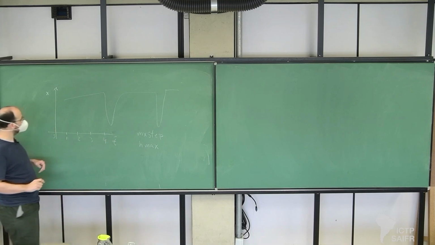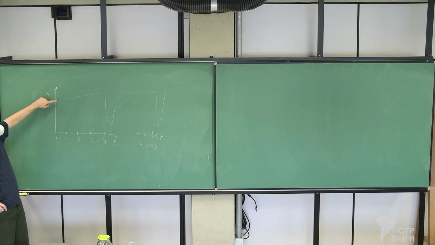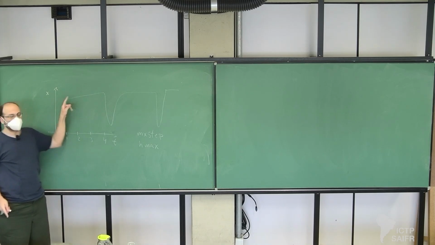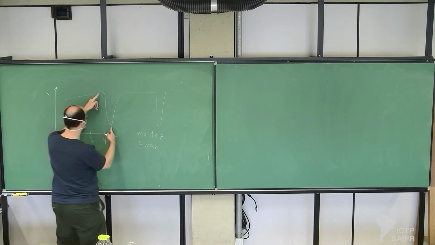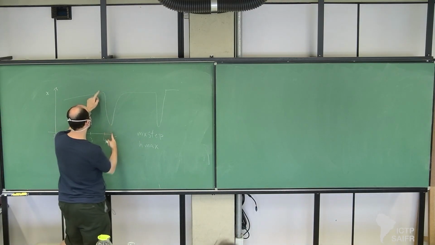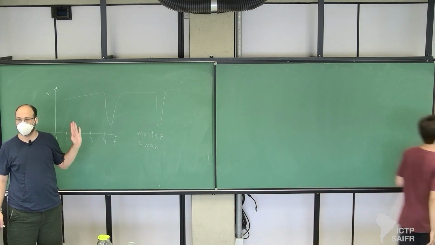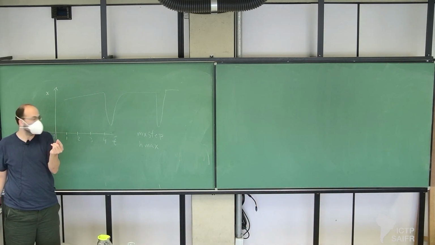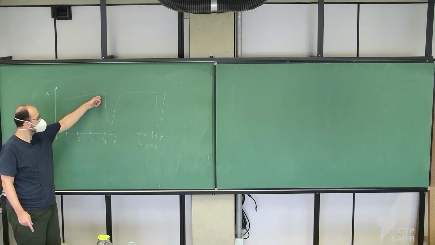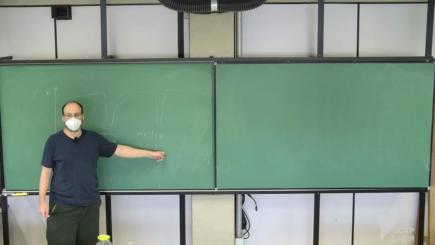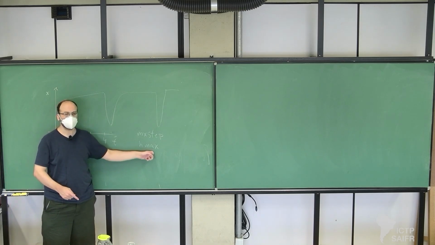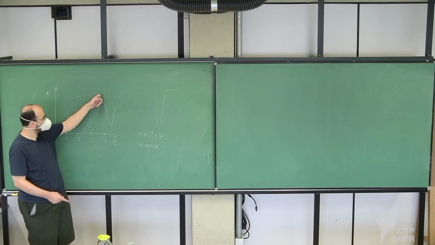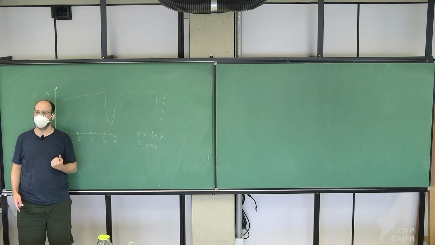In this region here, maybe the program attempted to give time steps of size 2 or 3, but in this region here it should take at most something like 0.1. So I can go to my program and tell it that HMAX is going to be 0.1, so it's always forced to have a time step of at most 0.1. So when it reaches this region, it's going to be okay.